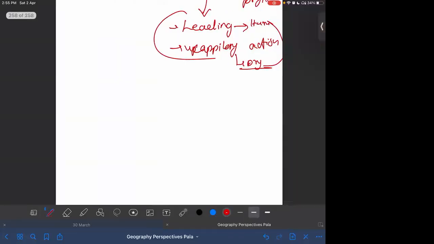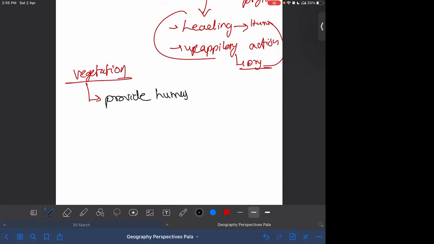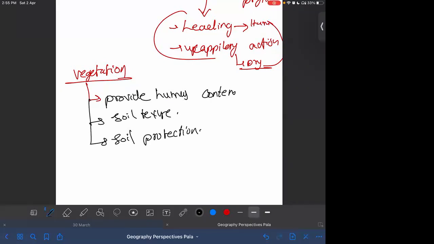So for example, one matter is vegetation or the biological material. What is the role of vegetation or biological material? To provide humus content, to decide the soil texture. Similarly, soil protection. We know when vegetation is removed, there will be a lot of soil erosion.